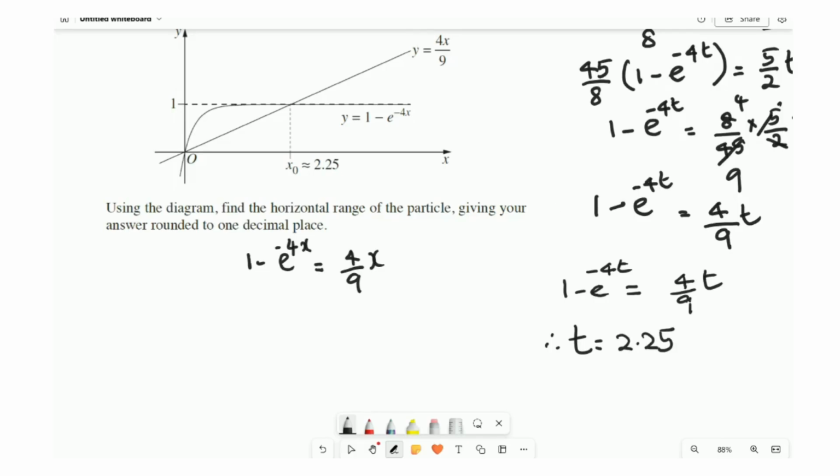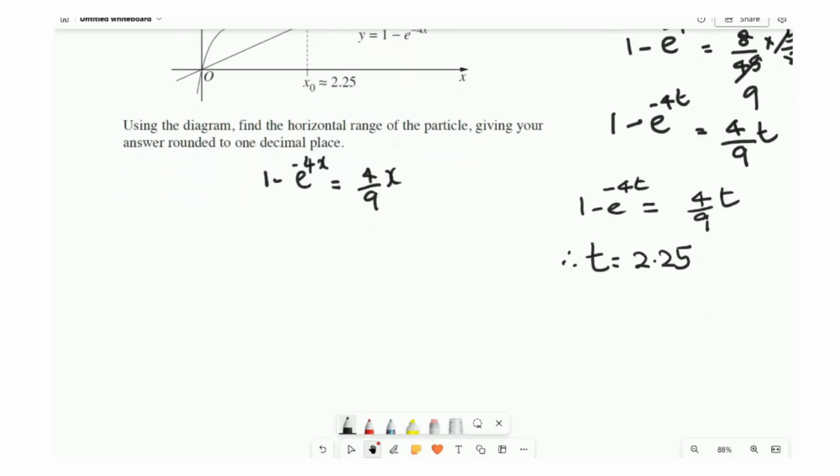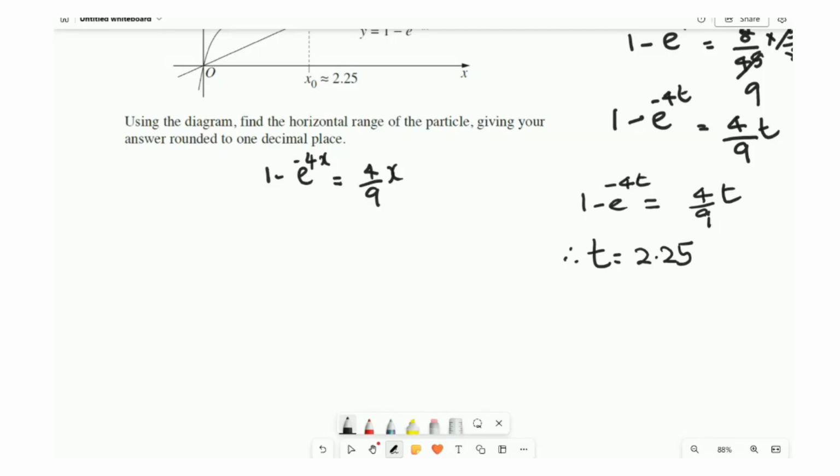Okay, now we know that the time to land was 2.25, so for the horizontal displacement we have to substitute this t into the displacement vector for x.